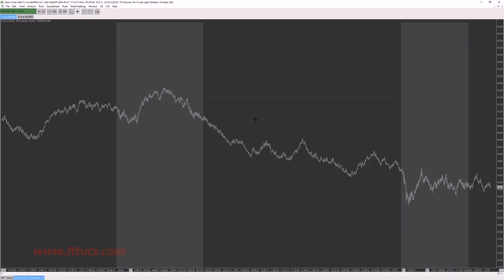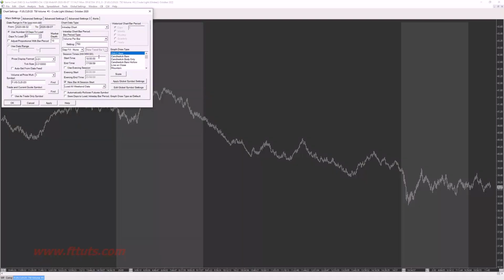So that occurs at 6 p.m. Eastern, when we open back up for trade. So if we go to the trade settings for this chart, you'll see 1800, 6 p.m. Eastern, up until 1759, which is unnecessary, but that's just to make sure everything's covered.